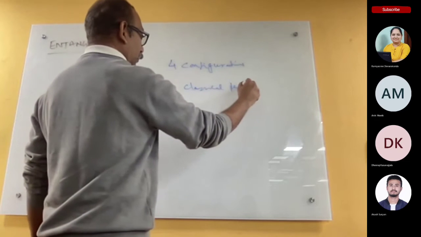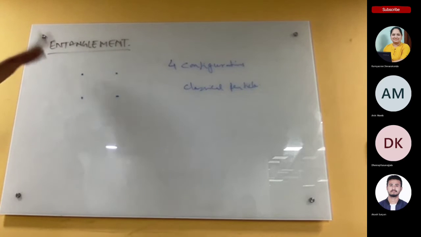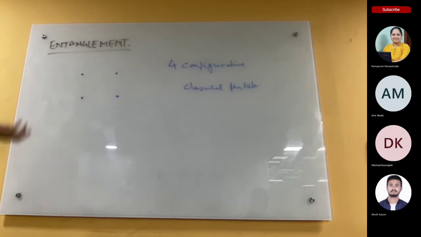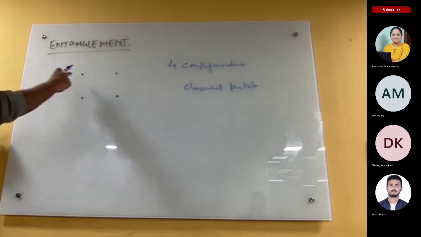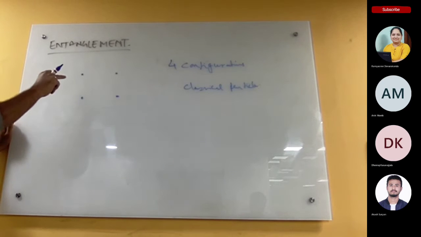A configuration can be simply seen as, let us imagine this to be the position of some particle, in 2-dimensional space. So these points are not points in space. These are configuration spaces. What does that mean?